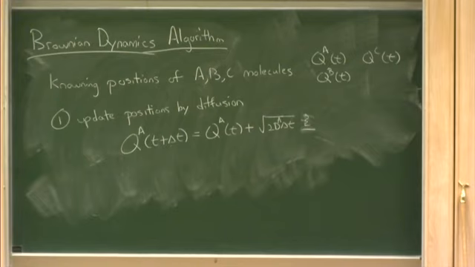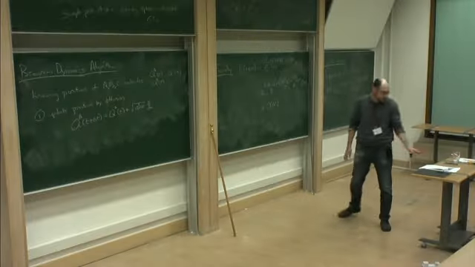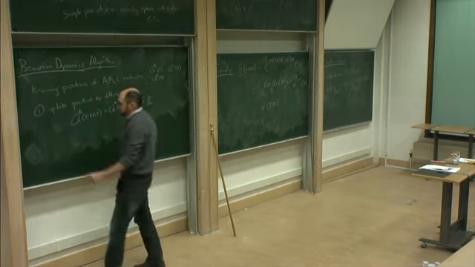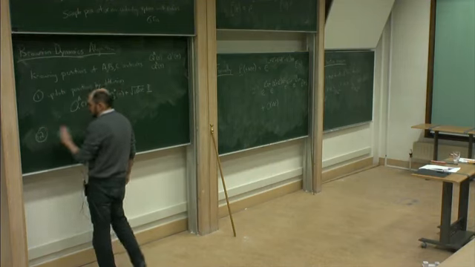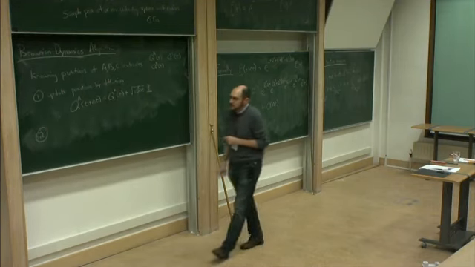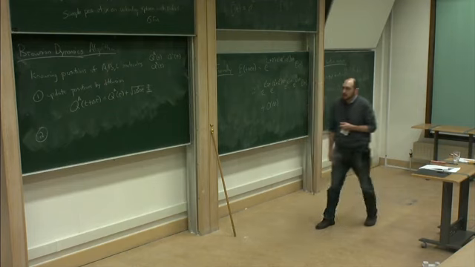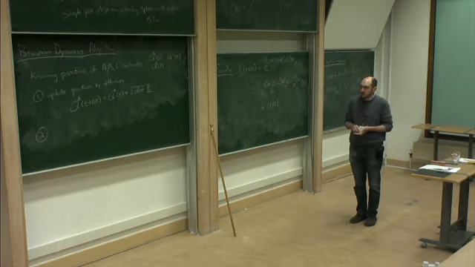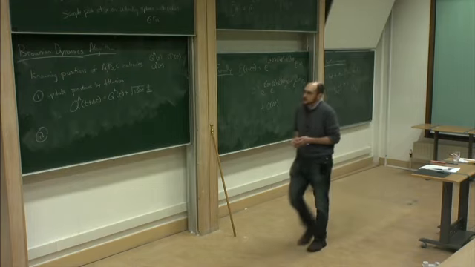Now if we go back here, the next step is now we do our first order reactions, or sorry, our zero order reactions. So that's going to be step 2. So to do our zero order reactions, we just have to sample the probability of the number of molecules that got created during the time step, right? Everybody agree? And that's just going to come from a Poisson distribution, right?